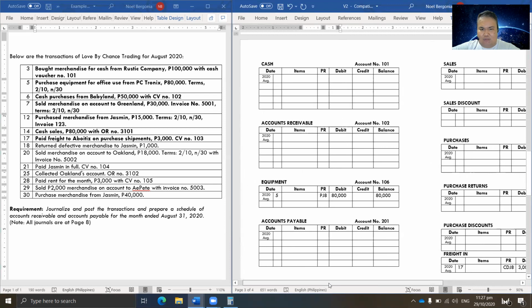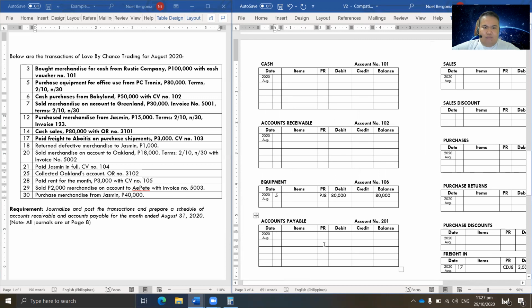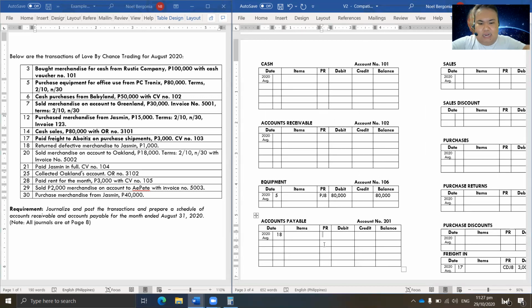Ayan. So nandito po tayo, no? Nag-debit tayo. So magkano po 'yon? On the 18th, no? Ano yung pinanggalingan? GJ number 8 or general journal page number 8. Anong ginawa? 'Di ba dinebit yung accounts payable? So we debit 1,000 na accounts payable. And then, of course, our balance is negative 1,000.